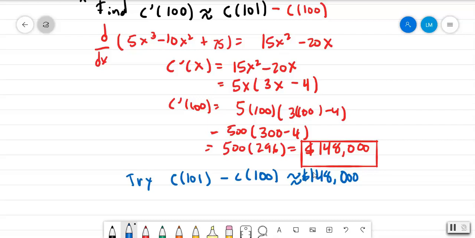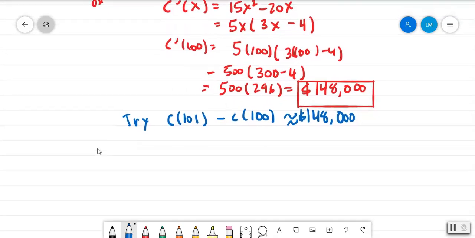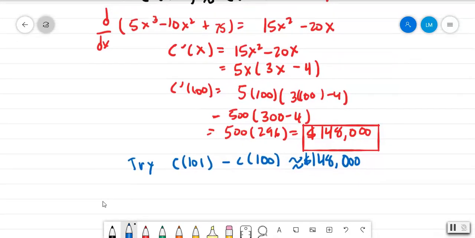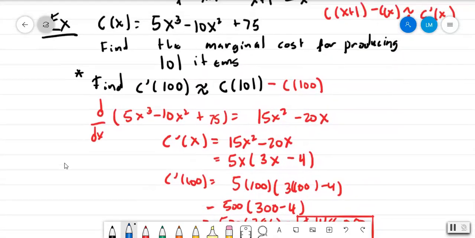Okay, if it's off by a little bit, that's okay, because that's the nature of nonlinear functions anyways, because you'll find that the closer you are, the more accurate it will be, but the farther away you are, the more inaccurate it could be. And plus, it's just an estimate in the end.